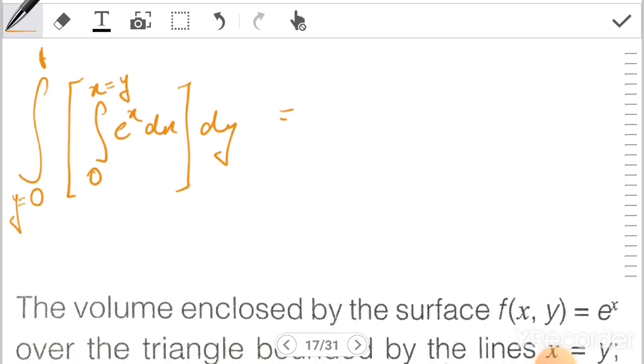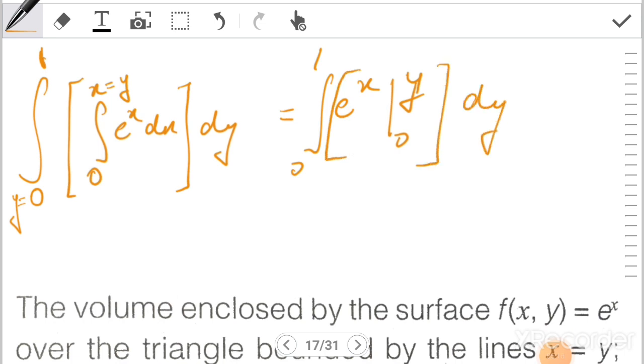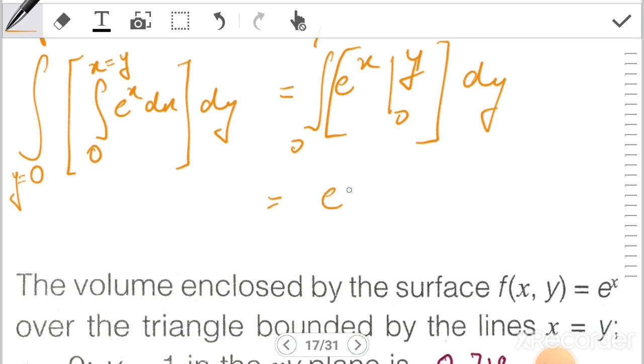So now this is e raised to the power x from 0 to y, 0 to 1 dy. So which is e raised to the power y minus 1, and 0 to 1 dy.